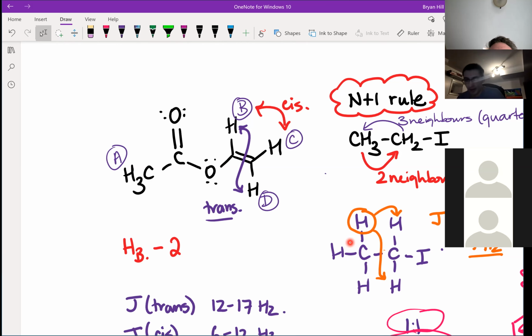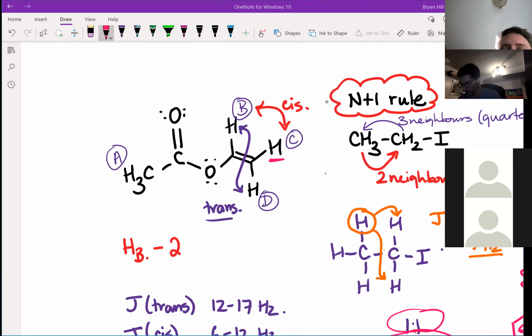How many protons would it be coupled to? Yes, that's correct. 2. So it's coupled to 2 protons, right?